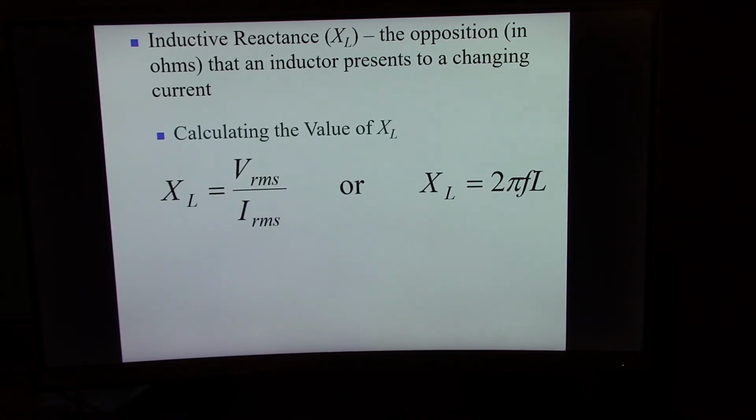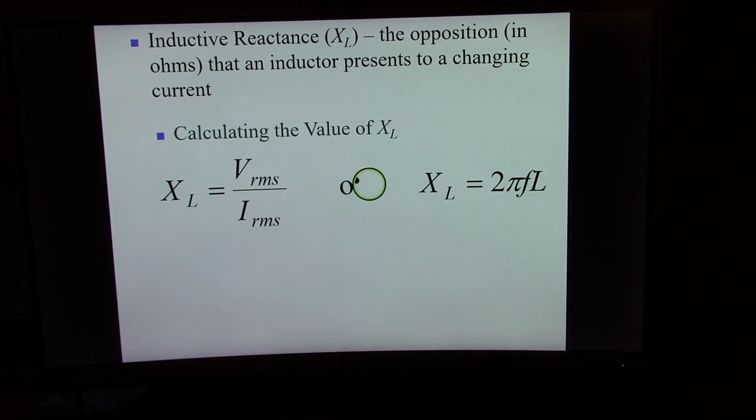And here are the formulas for calculating the resistance. So X of L is the same thing as inductive reactance. It's like resistance. But because it is dependent on inductance and frequency, you say X of L. So this is the same thing as Ohm's law, right?